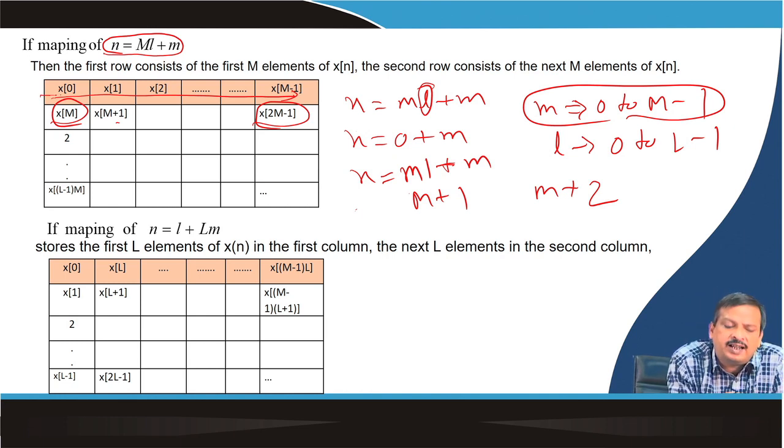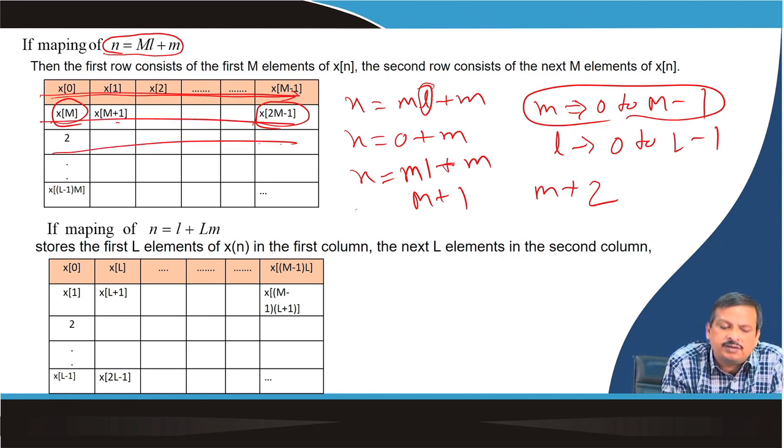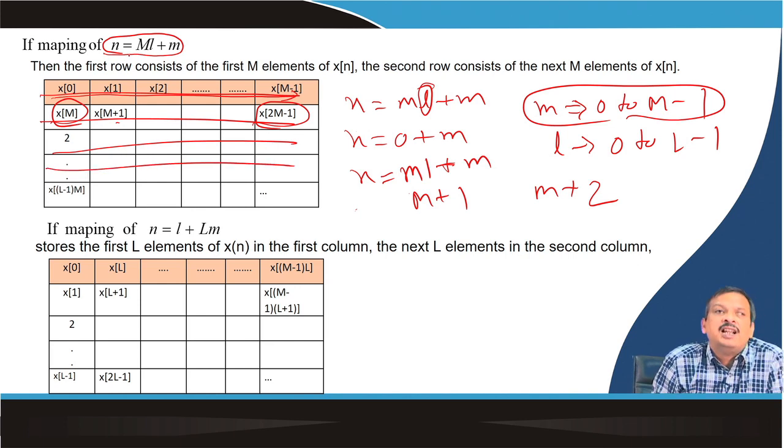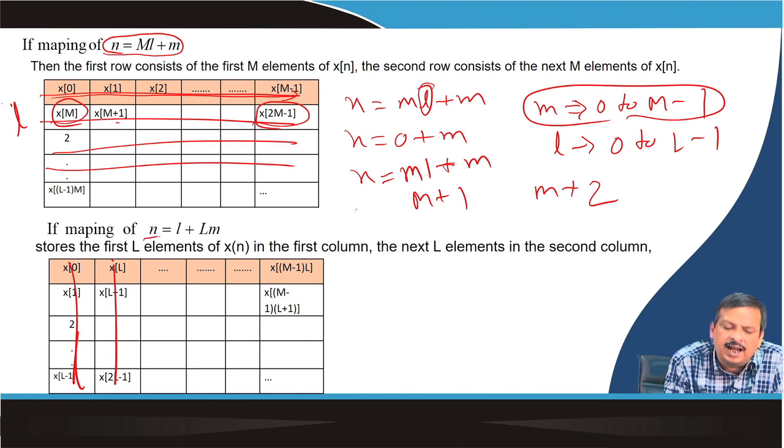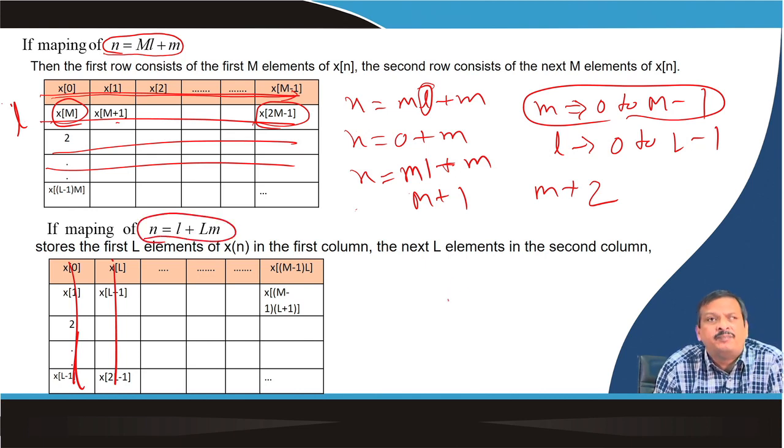So I store the data row wise. Then my mapping index is n is equal to M into small l plus small m. So there are M number of columns and L number of rows. Okay. Now suppose I want to store the data column wise. Then what will be the index? It is just reversed: n is equal to small l plus capital L into small m.